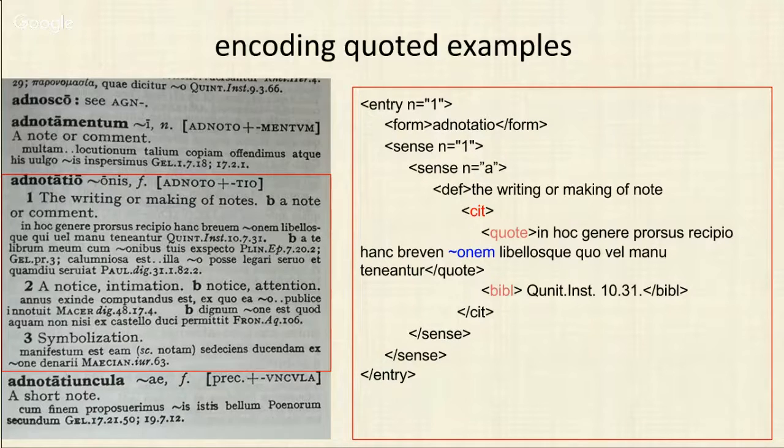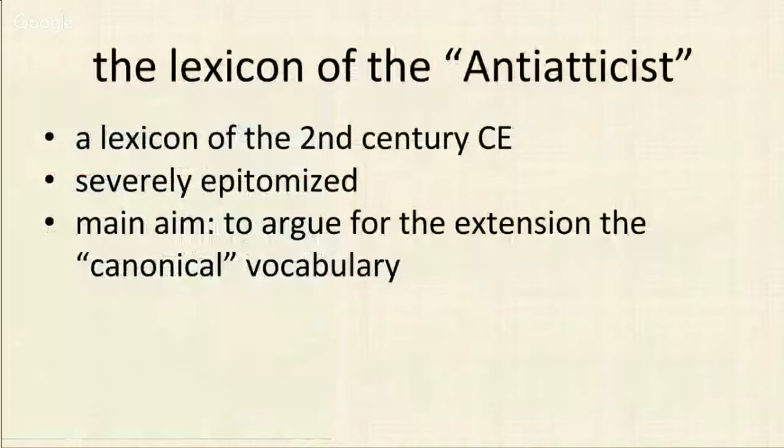We will encode it putting directly after the first definition the first set of examples, and directly after the second definition the second set of examples. So we will have to alter a little bit the way the material is structured, the microstructure of the dictionary. Let's go to the next one, please.